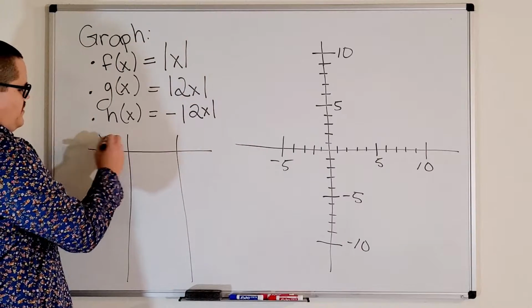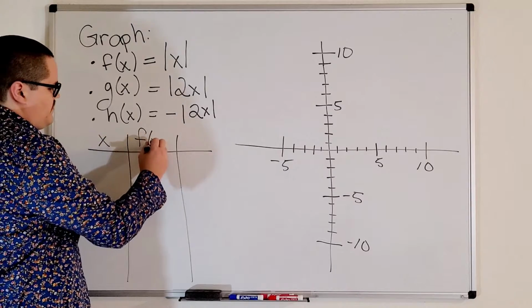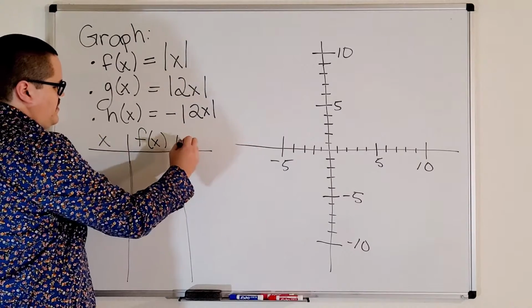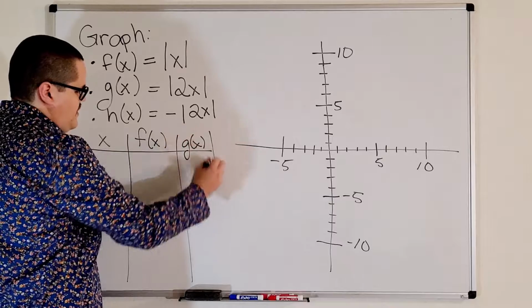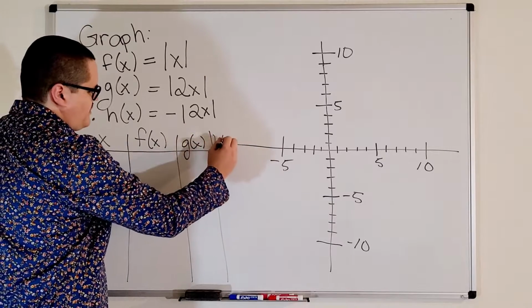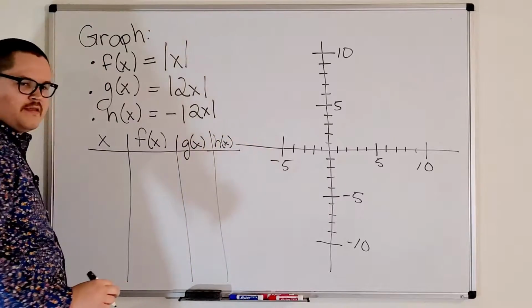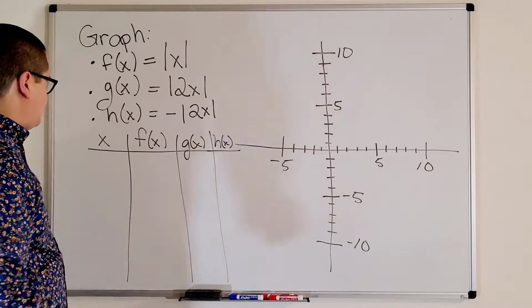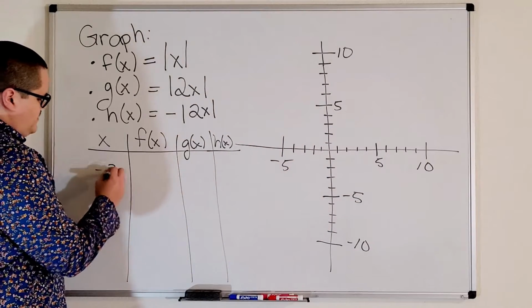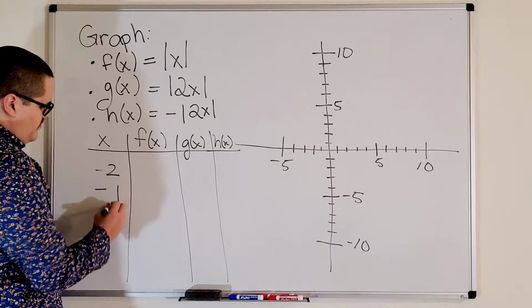We'll have x, f of x, g of x, and h of x. And I'm going to make it a little easy on us. I'll just go from -2 to 2.